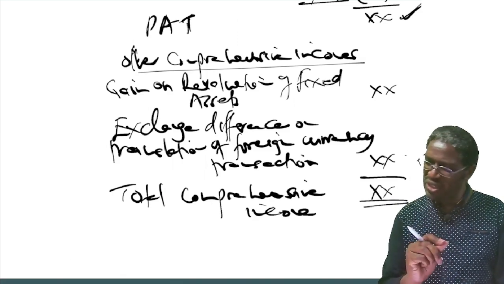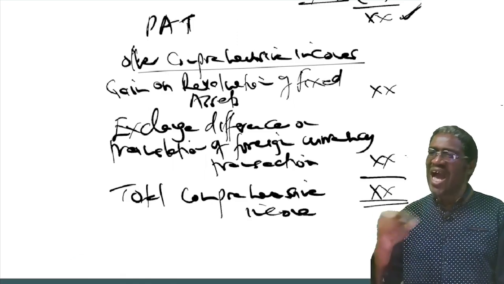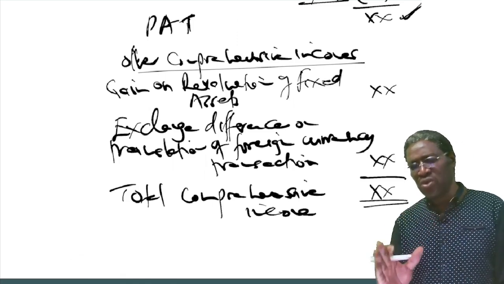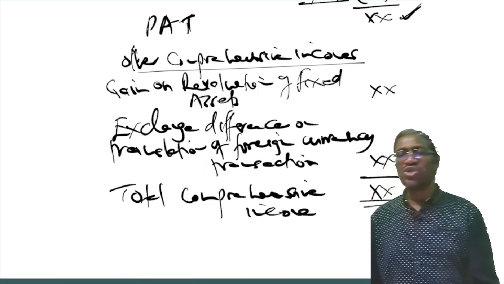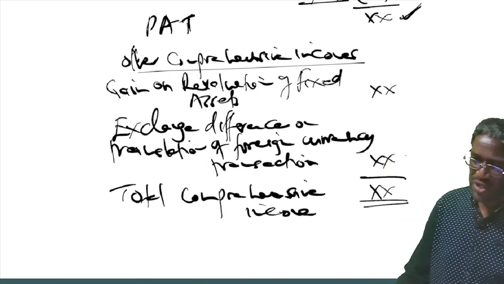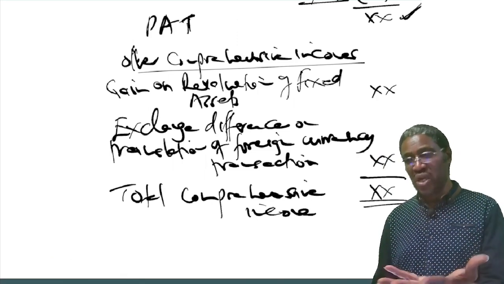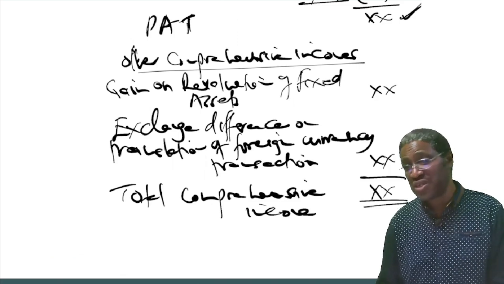If the question said, prepare an income statement and other comprehensive income, or what they could call statement of profit or loss and other comprehensive income, then now you show the other comprehensive incomes as per the question. I've only given two examples. One could be the gain on revaluation of fixed asset.